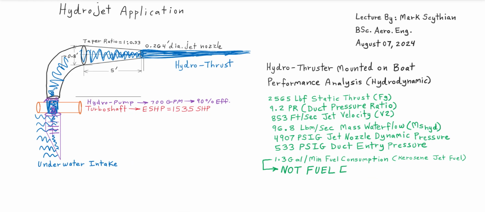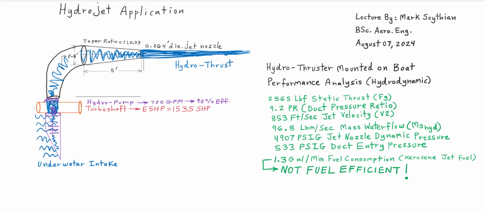So it's not fuel efficient at all, and it would be very expensive and be more like a recreational activity unless people have deep pockets to commercially invest in a hydrojet application.